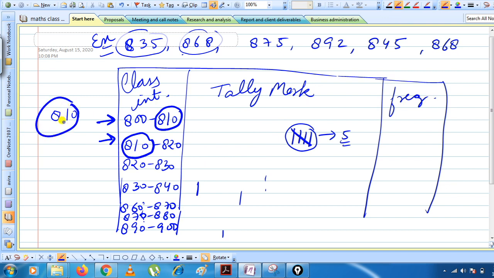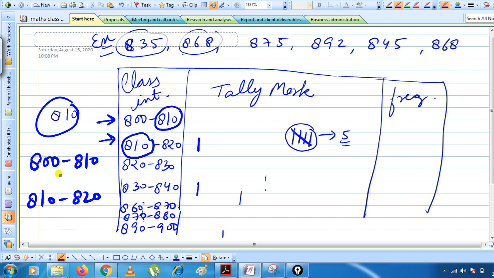Remember, if the number is 810, that means it is a boundary number, and in that case you have to take that number to the higher class. If 810 can come in this category or in this category, then which one is the higher class interval?